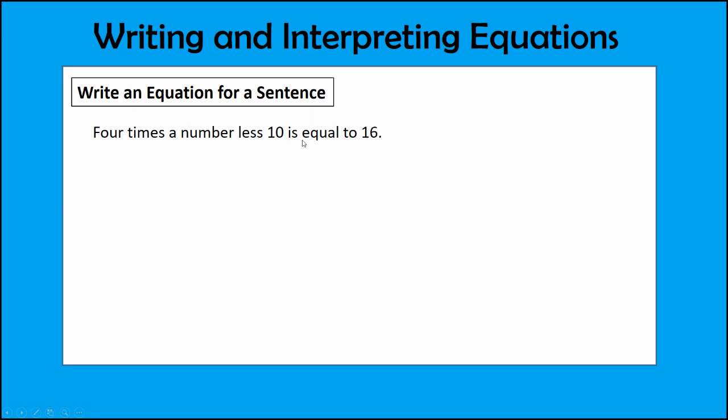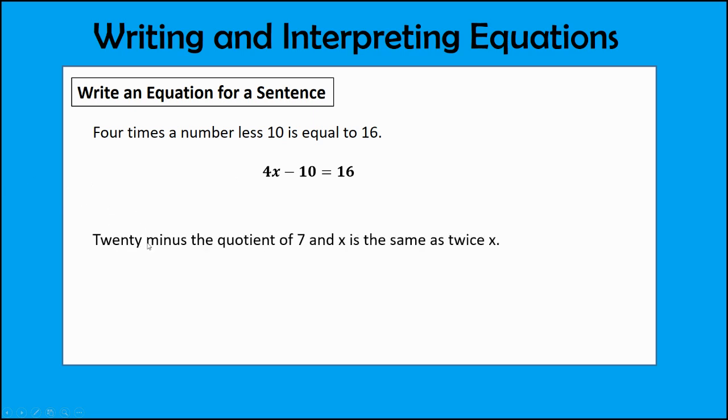Is typically our equal sign, is equal to 16. So it's going to look like this: 4 times a number less 10. So take away 10 is equal to 16. Very straight translation there.